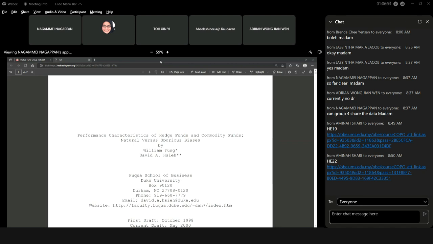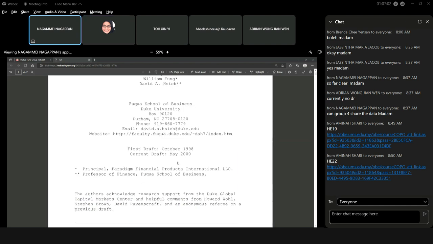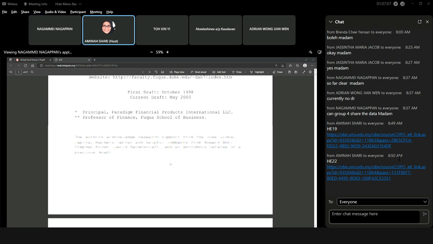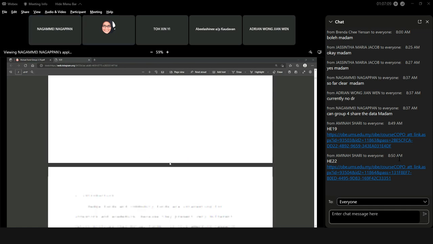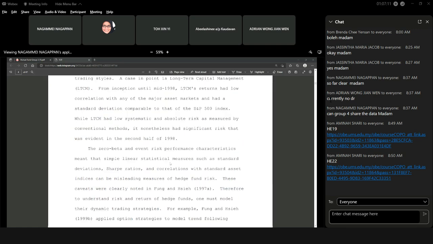Nagame? This one, the second article yang you refer. Yeah, but then this one is also almost the same time, 2000, madam. Tak apa, I nak tengok metodologi part dia. Yang lain boleh check in dulu attendant.